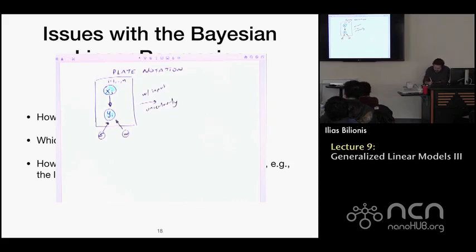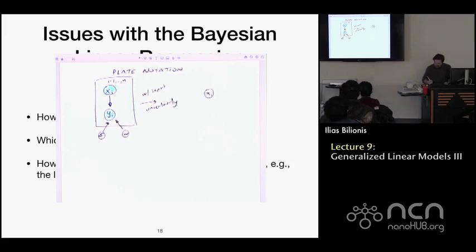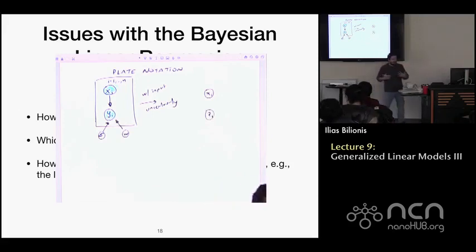So you have your xi, which is the x that you measure. But this is not the true x. The true x, let's call it zi. It's like a true thing that you don't measure, but you measure x.